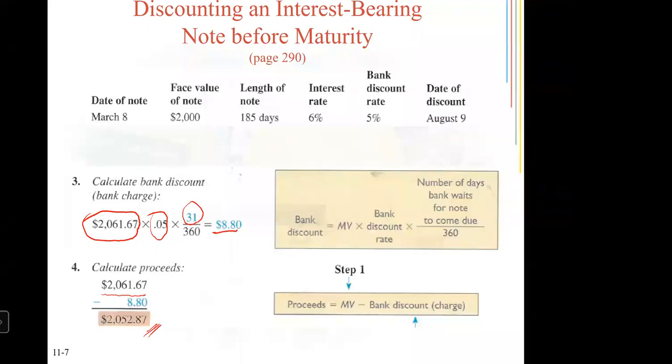And when the note matures, the company that was owed will pay the full amount, which is the 2,061.67. Okay. So those are the steps involved there. So we'll look at one next.